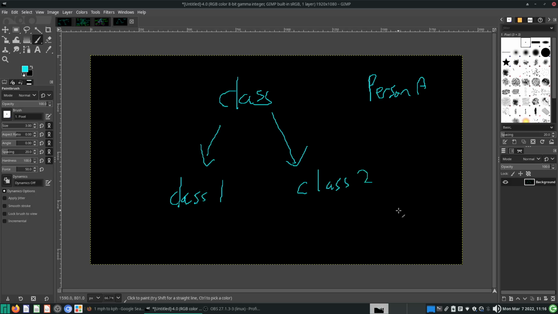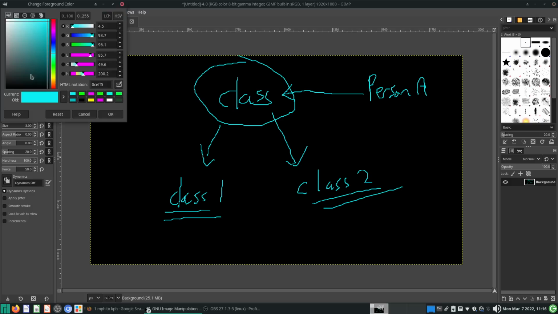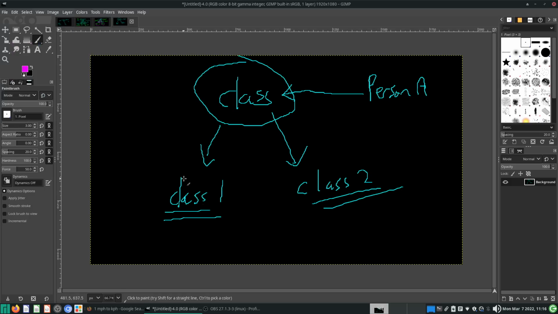Class 1 and class 2 are very complicated classes, and person A is only responsible for the code here that takes class 1 and class 2. So what person A might do is to say, okay, this class 1, I don't know whether it's bugged, this class 2, I don't know whether it's bugged, it's not really my problem. But the way to do it, okay, maybe let me do this thing, right?